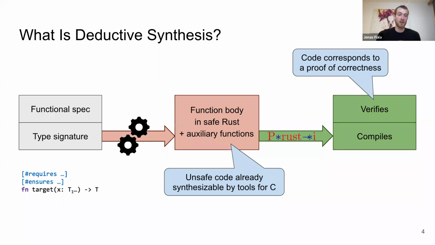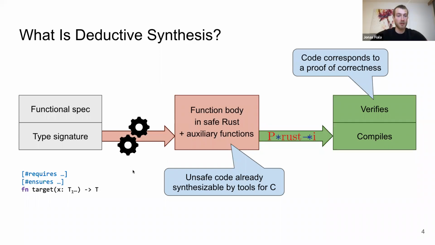It has a functional spec and a type signature, and in some logic it does some search, and when it finds a solution, this solution corresponds to a Rust program. Since we've already found a proof, we know that the program will be correct, both in terms of the Rust compiler and also verification tools.